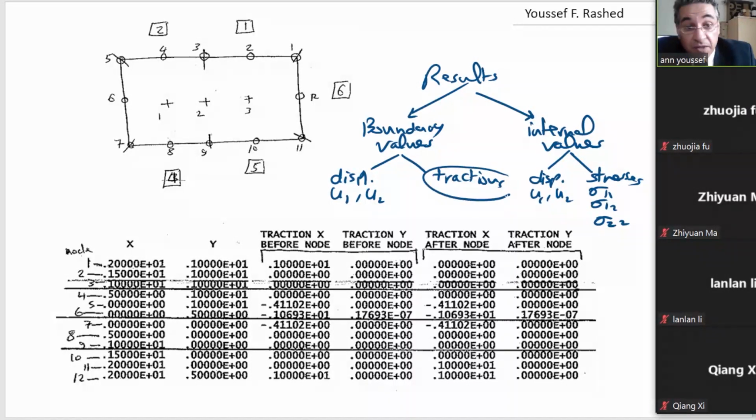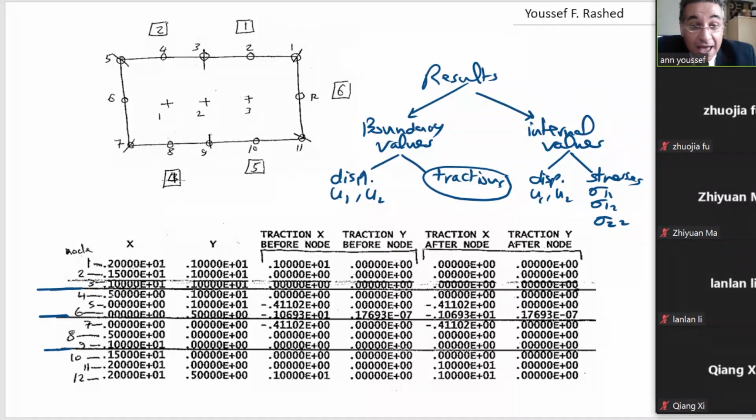Tractions here are very, very important to know. For example, this is the first element, the second element, the third element. In the first element, you will have the first node, the second node, the third node. In the second element, you have the third node again.